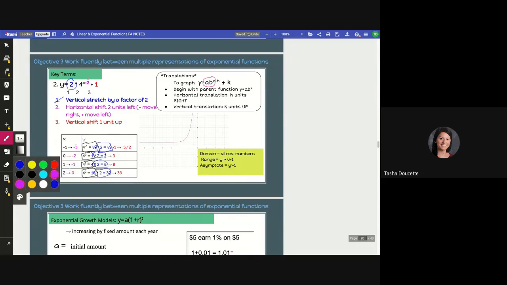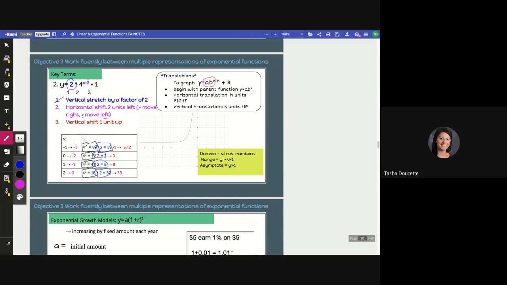Now we're switching to the horizontal, your x numbers, a shift of 2 units. However, in this example, it's saying plus 2, right? Here it was minus h. This is plus h. So I'm going to look over here. Plus means I move left.